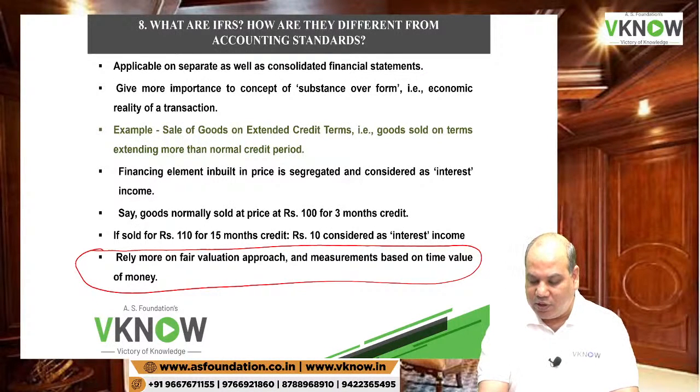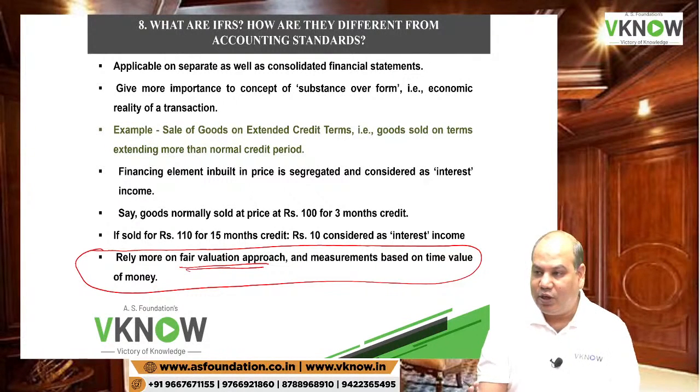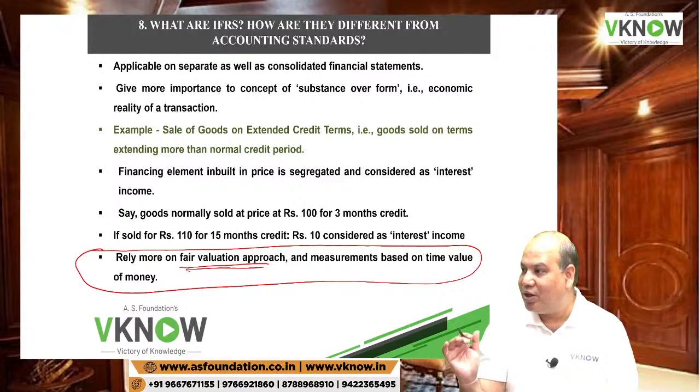But now IFRS is changing our base altogether. It says in some cases, like the financial instrument standard, you can recognize an appreciation in the fair value of the investment in the P&L account.